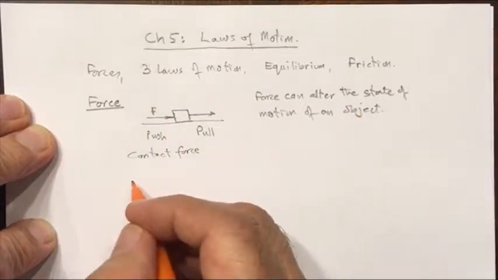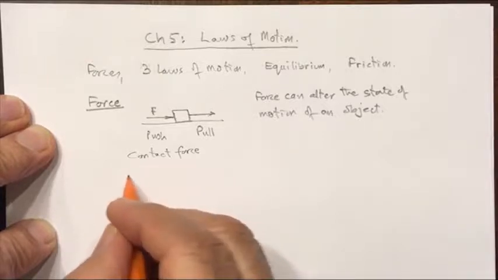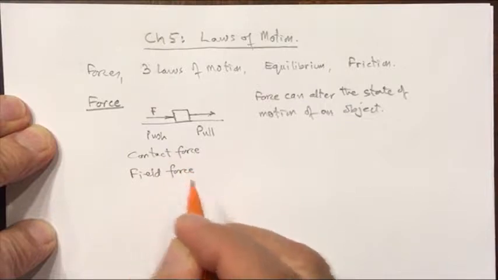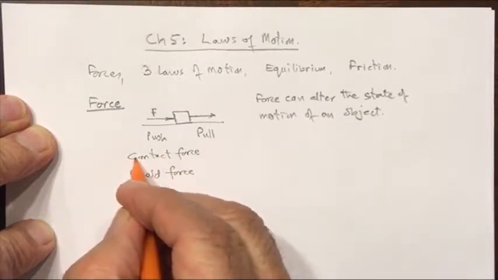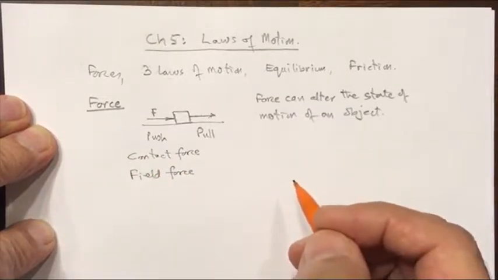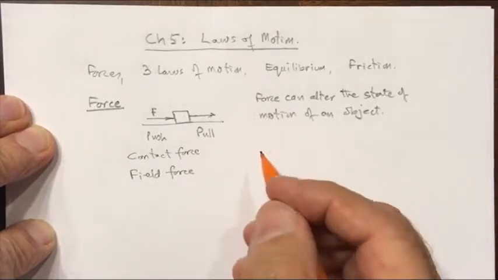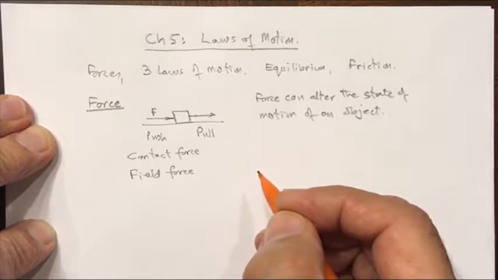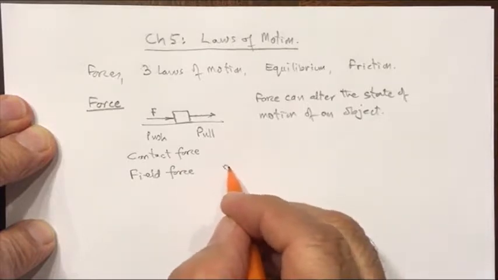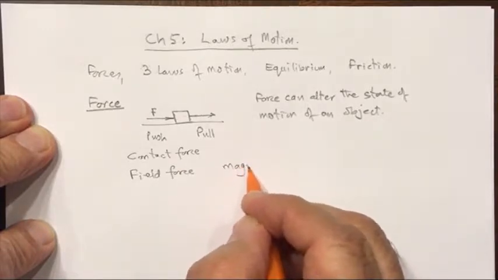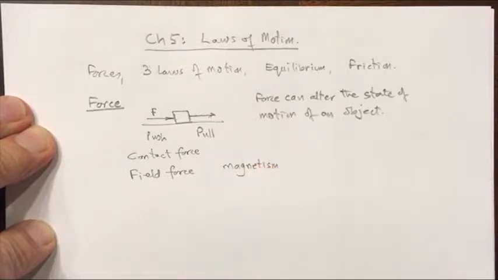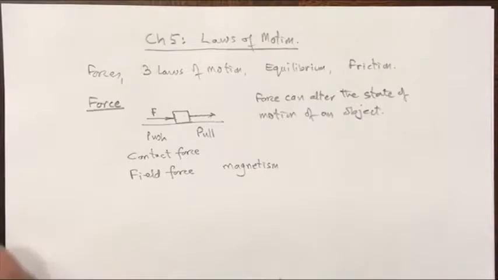The other kind of force is what we call a field force. This is the case where there is no apparent contact between whatever is creating the force and the object on which the force is acting. For example, if you have magnetism, two magnets or magnetic forces, then that is a field force.